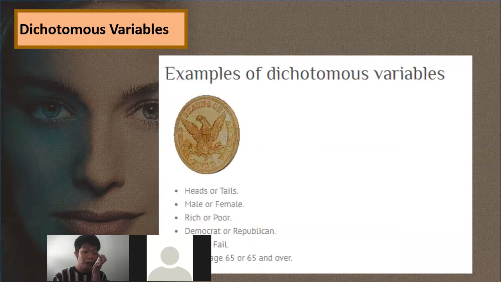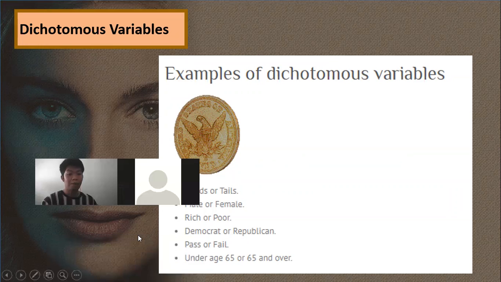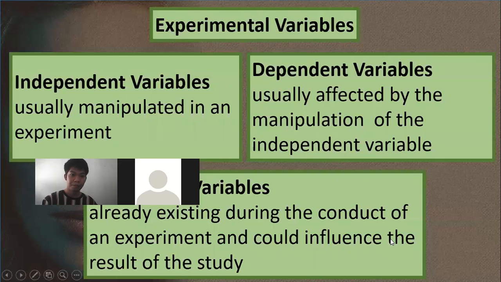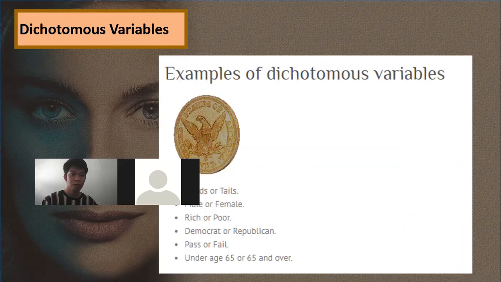Sa dichotomous variables naman, only two options. For example, heads or tails, male or female, rich or poor, Democrat or Republican, or pass or fail, under age 65 or 65 and over. Sa polycotomous, you have more than two options.